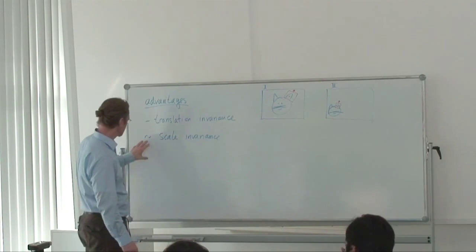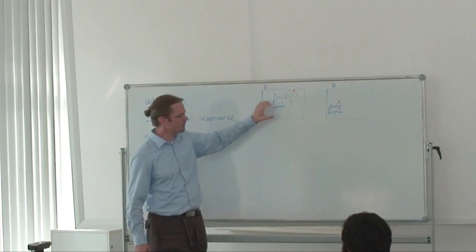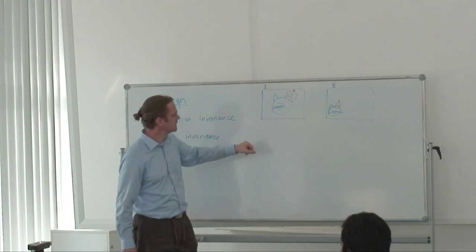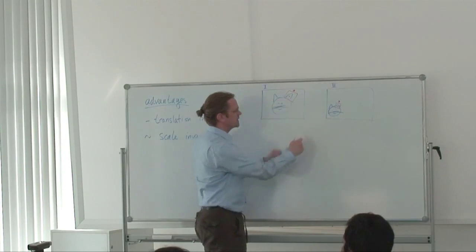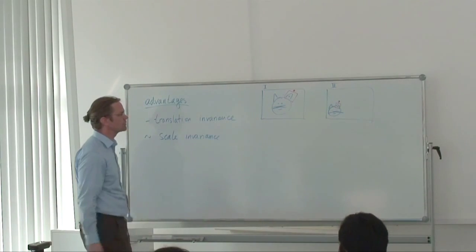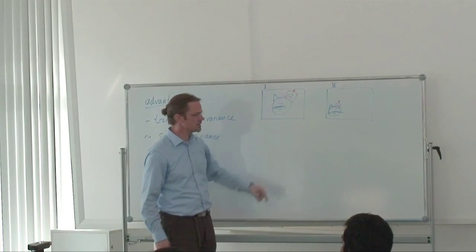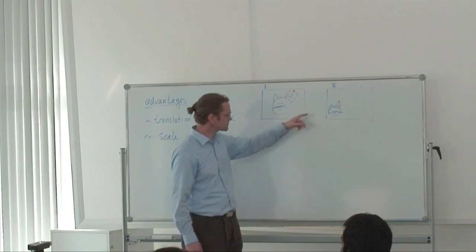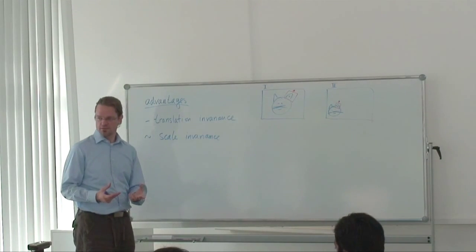And this is to say that we have scale invariance, because here the object is a bit larger, and the blob for which we can establish a correspondence across these two images, in this case the left ear of the cat, appears at different scales.